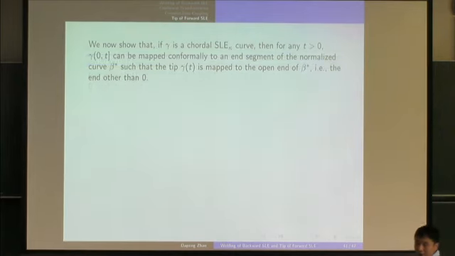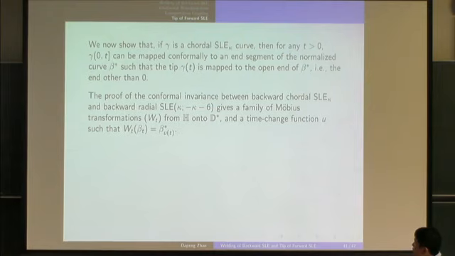We now show that if gamma is a chordal SLE kappa curve, then for any positive t, the gamma curve from 0 to t can be mapped conformally to an end segment of the normalized curve beta star, so that the tip gamma(t) is mapped to the open end of beta star. That's the end other than 0.